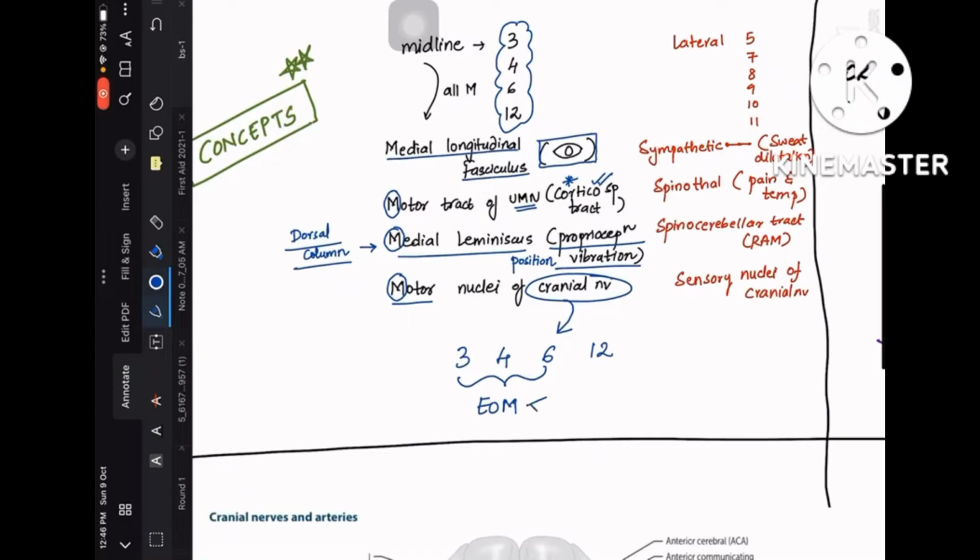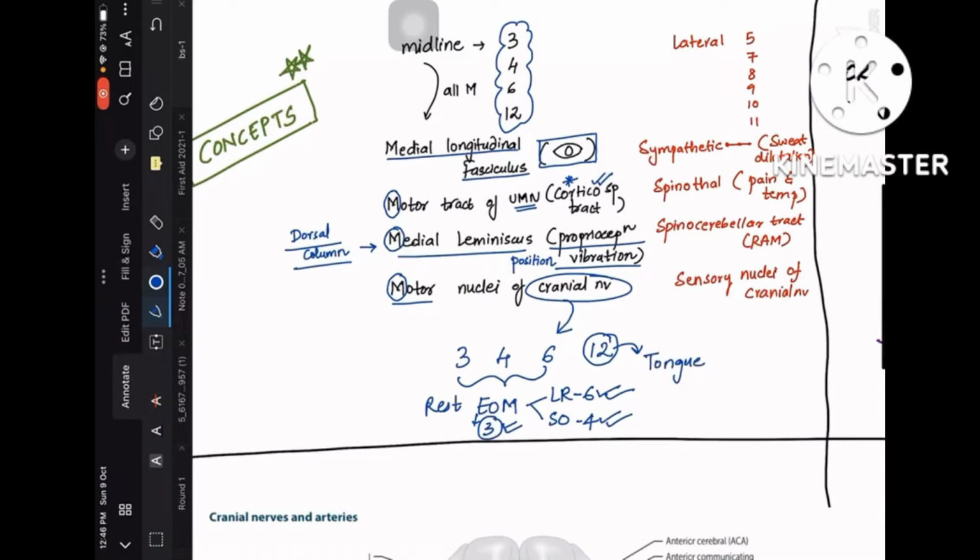Among the extraocular muscles, you have lateral rectus and superior oblique, for which we have LR6 and SO4, whereas all the rest of the extraocular muscles are supplied by cranial nerve 3. This is the thing we always learn, right? LR6 and SO4 is the mnemonic we know, and the remaining extraocular muscles are cranial nerve 3. And the 12th nerve, the hypoglossal nerve, is for the tongue.